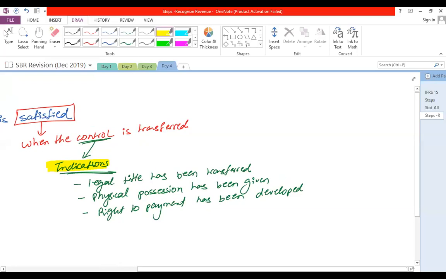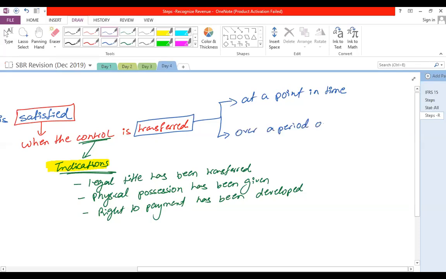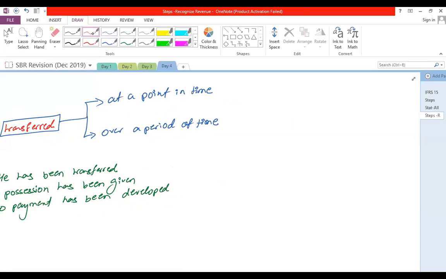Now, the control can be transferred in two ways. Either it will be transferred at a point in time or over a period of time. So there are two ways to transfer the control. Either it is transferred immediately or it is transferred over a period of time. If it's transferred at a point in time, then the revenue is recognized immediately.